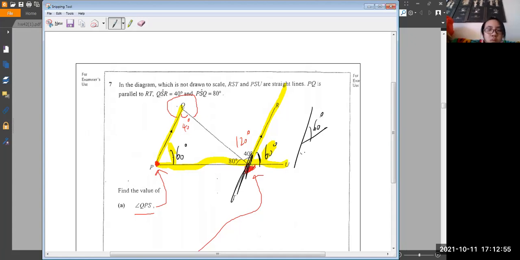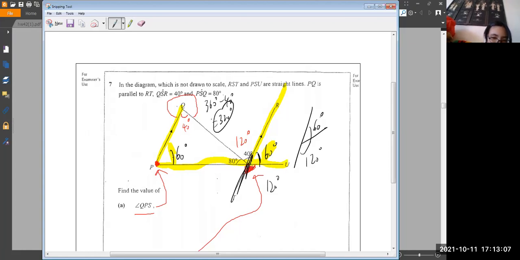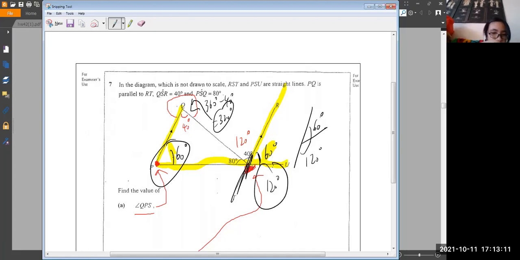So this one is 120. Am I right? So this is 120. Then if they want to find the reflex, it is 360 minus 40, which is 320. So 320 for this one, and 60 for this one, and then 120 for this one. These are the three answers.